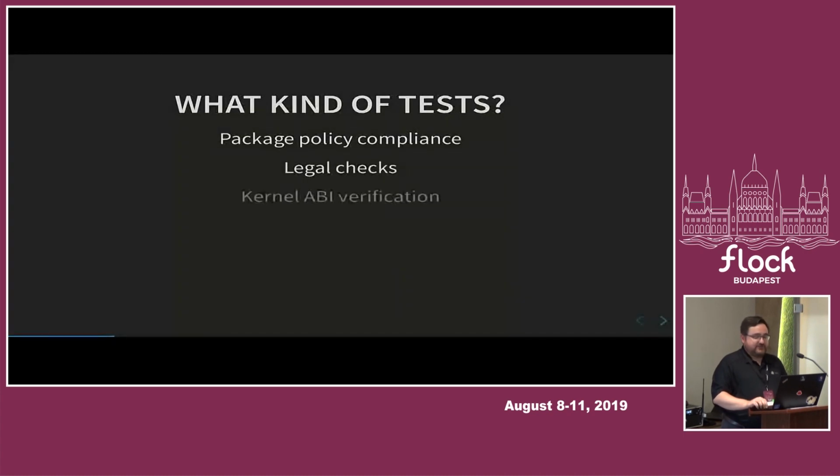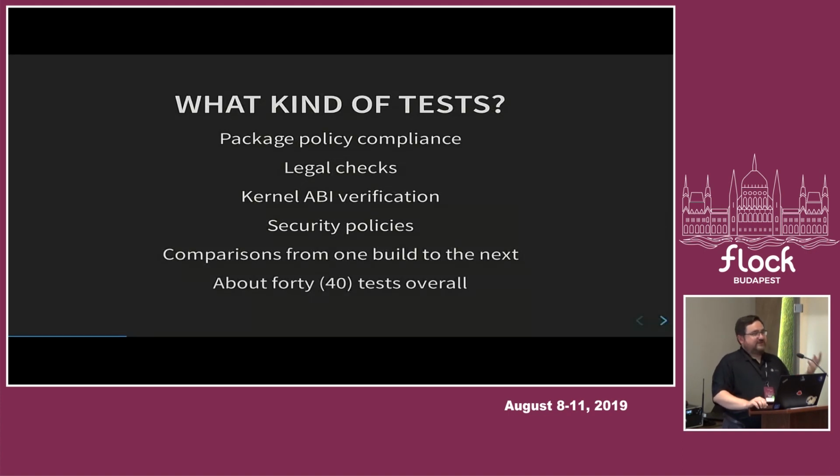We have the legal checks. Kernel ABI verification is a big one for the internal tool. Enforcing security policies. Do you have any setuid root executables in the package payload? And are they allowed? So there are these data files that rpmdiff will query to see if you have an allowed one. So there's about 40 tests that rpmdiff does, and they're all of varying complexity.